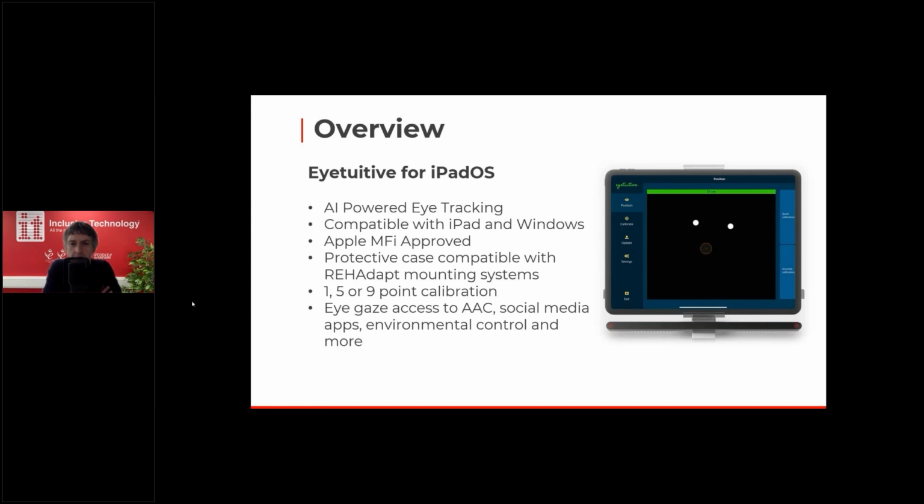And then, as I showed you in the app demos, you can use it to access AAC, social media apps, environmental control, and more. So that was the overview on Eyetuitive.